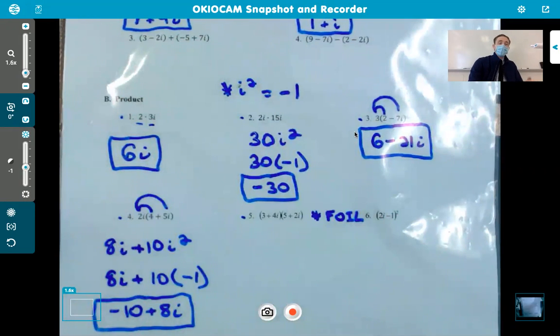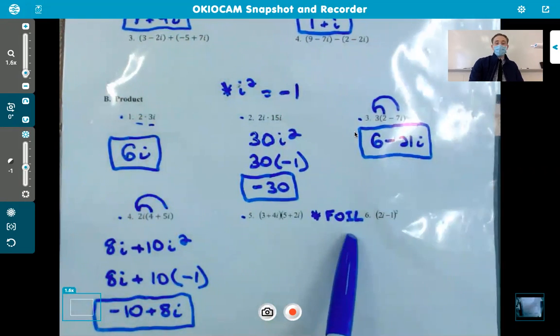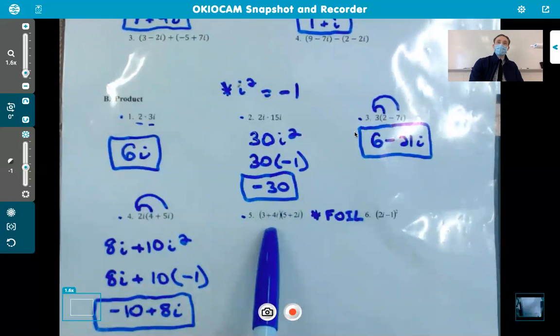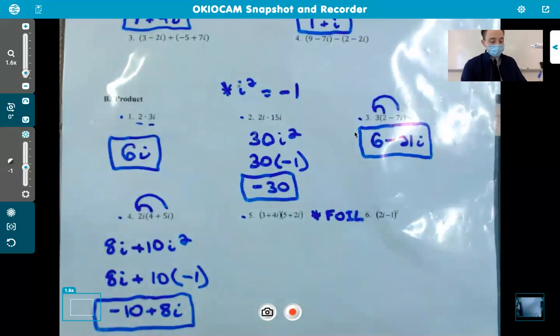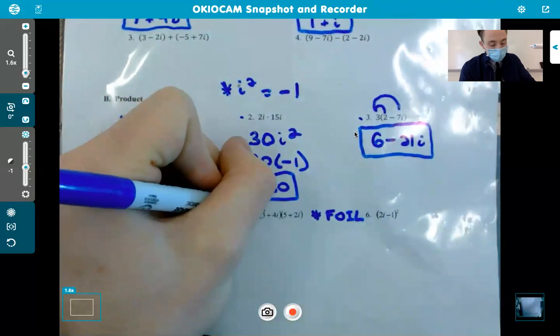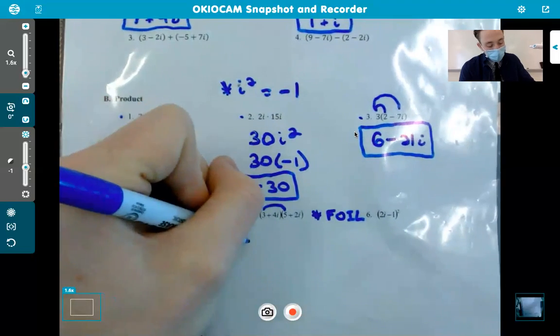So whenever you see complex times a complex, you FOIL. Remember that FOIL stands for first, outer, inner, last. So somebody walk me through how I might apply that method to this example here. So I'll do 3 times 5 and I get 15.